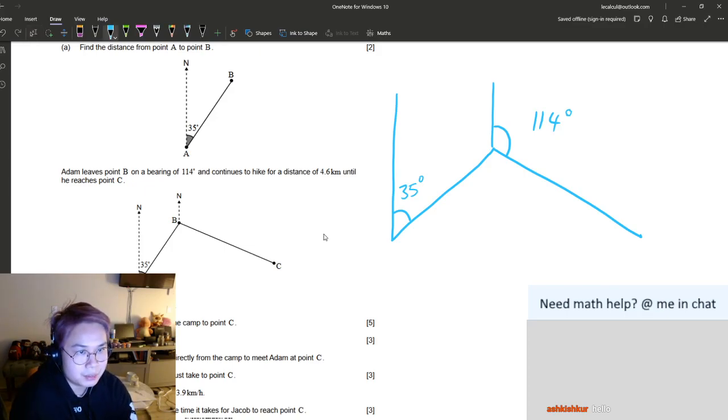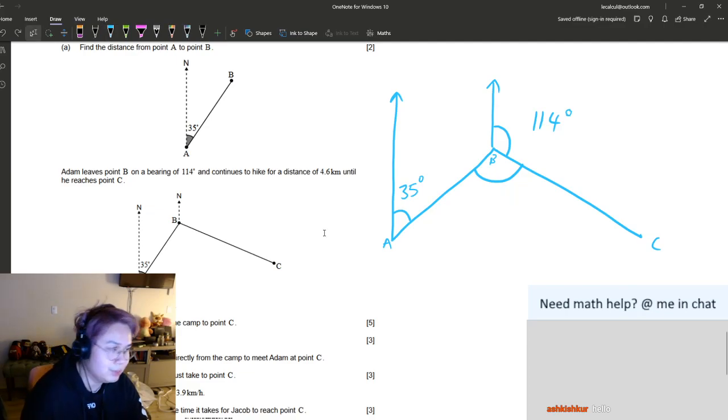And of course, because these are both pointing north, we know that these lines are parallel. And then this is A, this is B. I don't know really where to put this. I'm gonna put it right here and C. And we need to show that this angle is 101, basically. And we'll add in the distances when we need them.